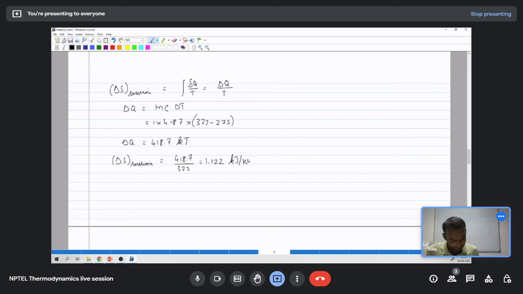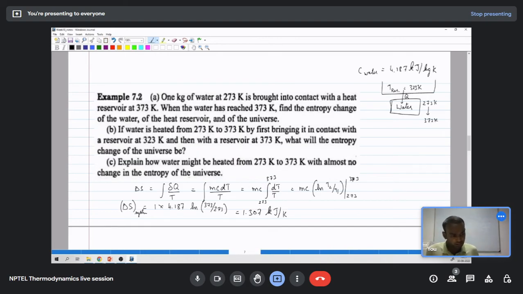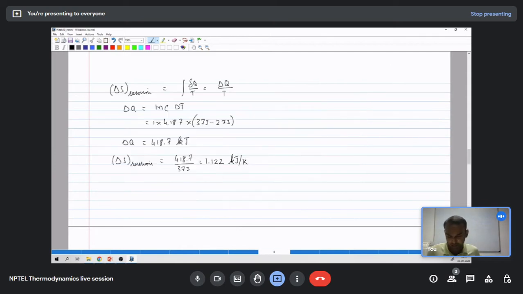Now we know that heat is transferred from the reservoir to the water, so the entropy of the water increases, whereas the entropy of the reservoir decreases. So we can write in the proper sign convention, minus del Q by T. So this is minus, and we have minus here.